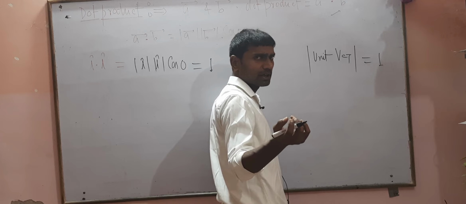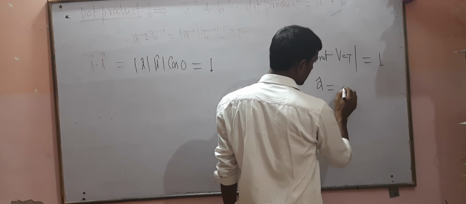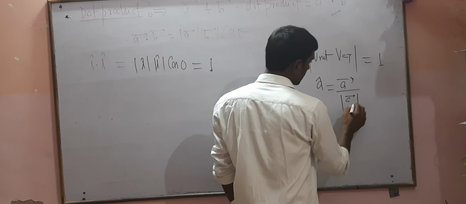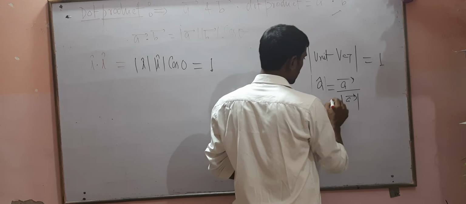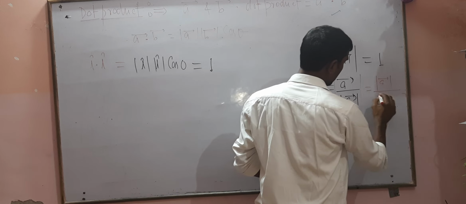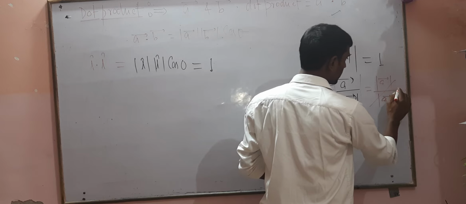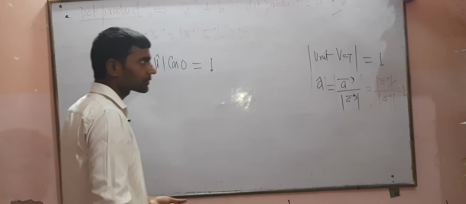If A is a unit vector, meaning vector A divided by mod of A, taking mod on both sides, mod of A cap equals mod of vector A divided by mod of vector A. Mod A will cancel out, which equals 1. So mod of A cap equals 1.